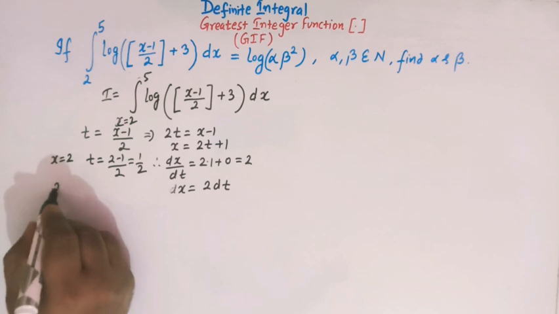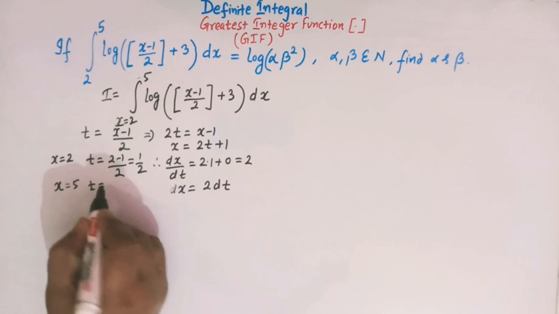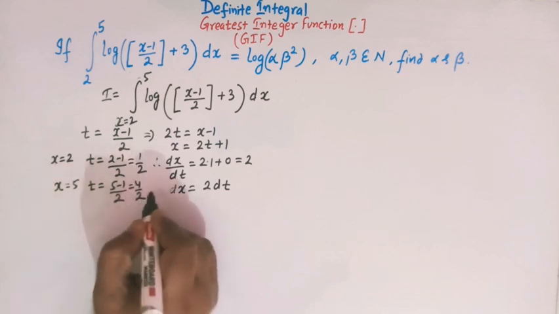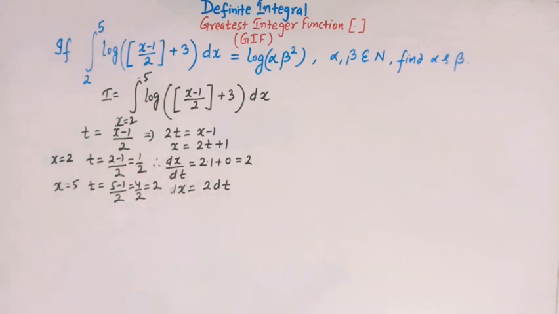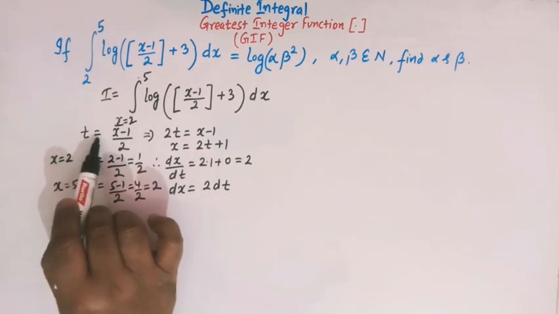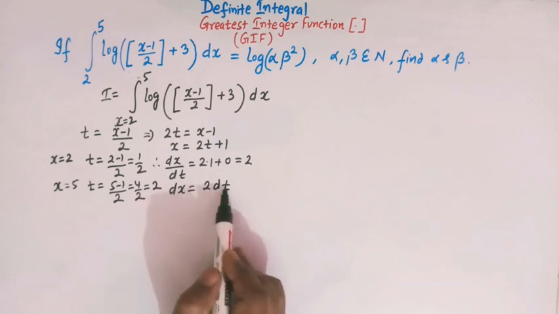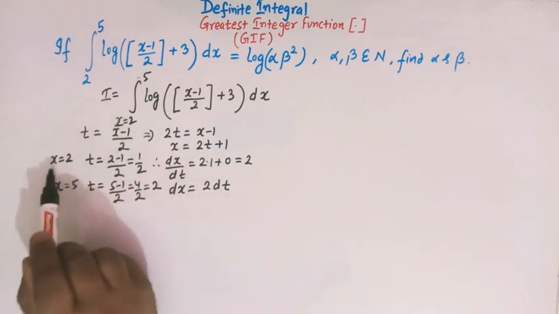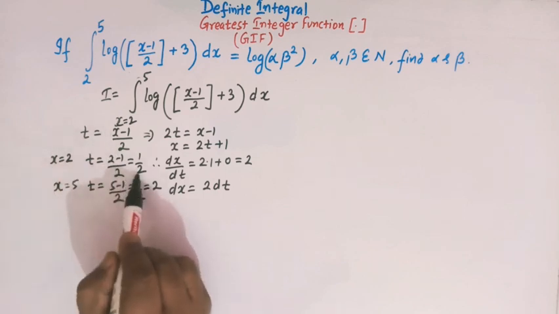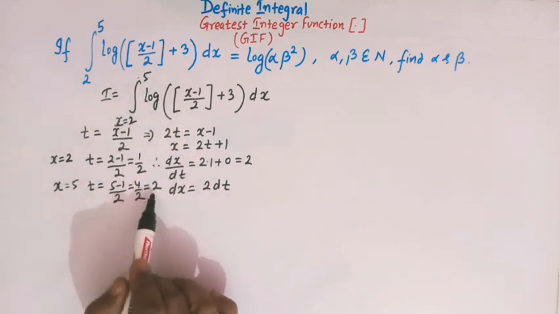And when x is equal to 5, we have t equal to (5 minus 1) over 2, that is 4 over 2, and it is equal to 2. So we have taken t equal to (x minus 1) over 2, got dx equal to 2 dt, and changed the limits: when x is 2, t is half, and when x is 5, t is 2.